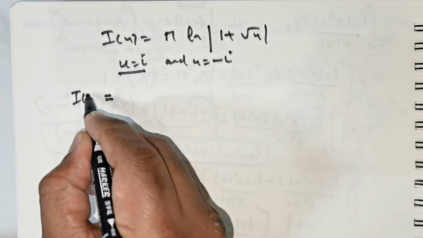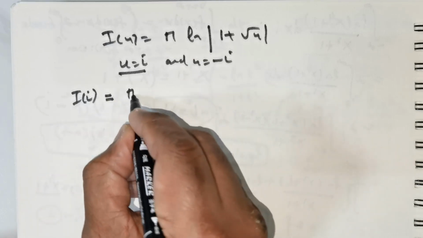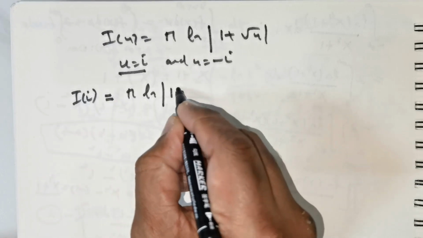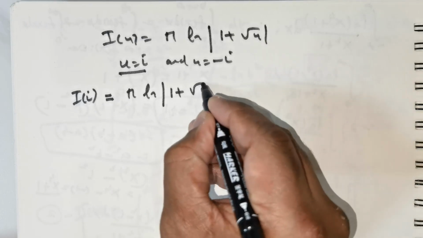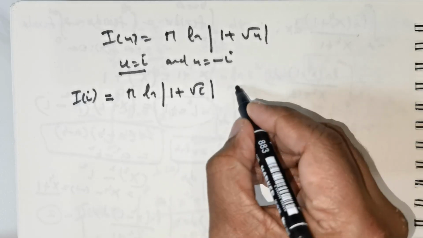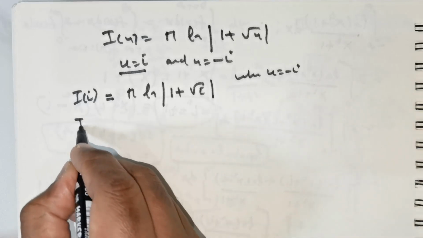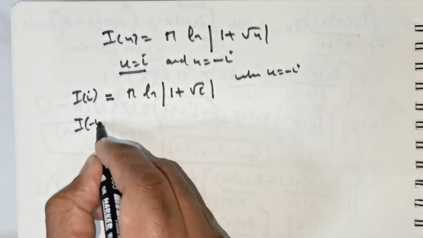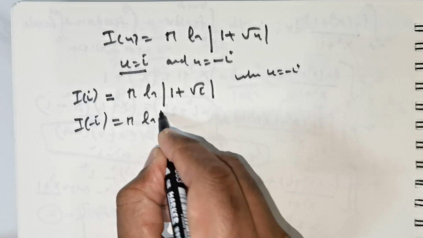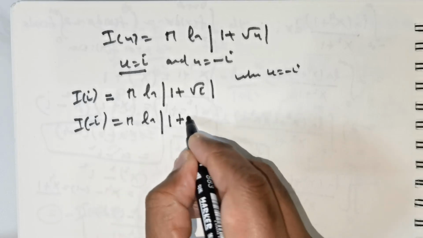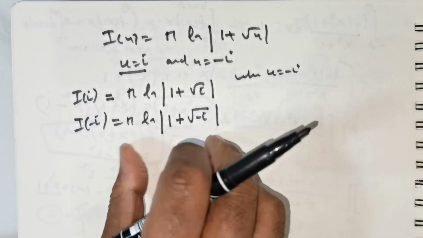So I of i is equal to pi times ln of modulus of 1 positive root of i, and when u is equal to negative i, this is I of negative i is equal to pi times ln of 1 positive root of negative i.